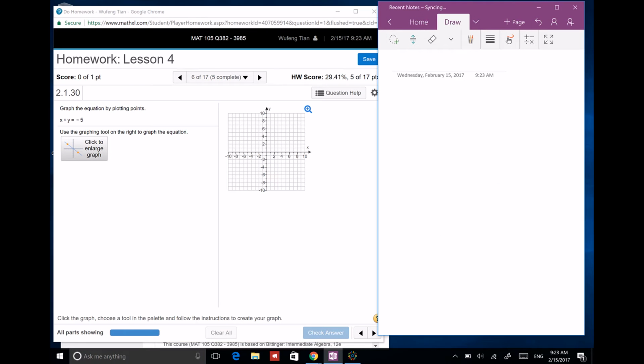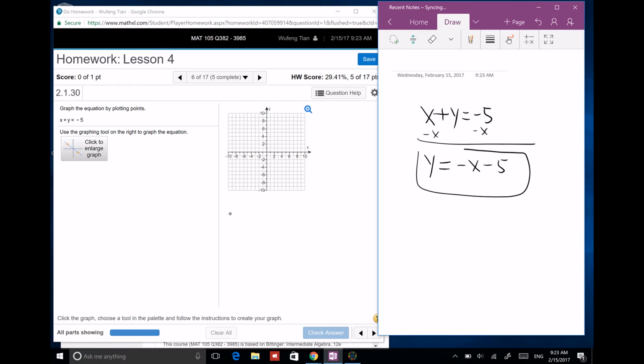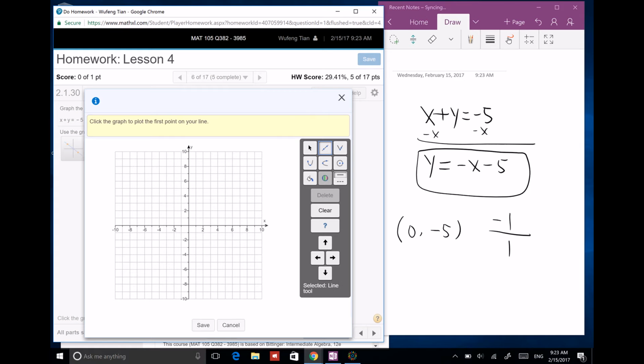This you can do the same thing. So x plus y equals negative 5. You can do y equals negative x minus 5. Subtract x from both sides. Again, this is your function. Now I graph the picture: 0, negative 5, rise over run, negative 1 over 1.